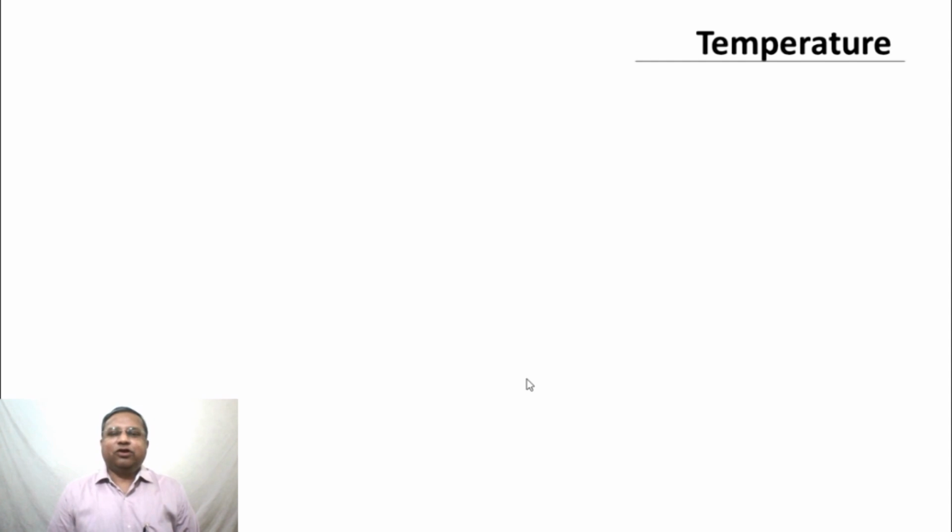Let us first look at temperature. It's common knowledge that there is some kind of an optimum temperature at which the cells work well. The optimum temperature for a body, as we know, is the normal temperature, right? You all know what the normal temperature is.